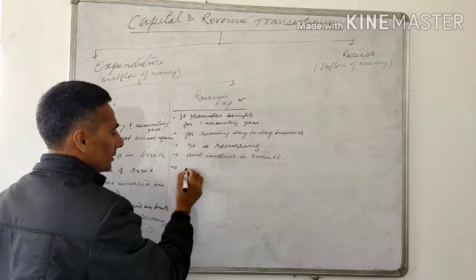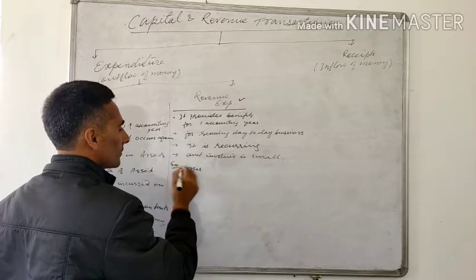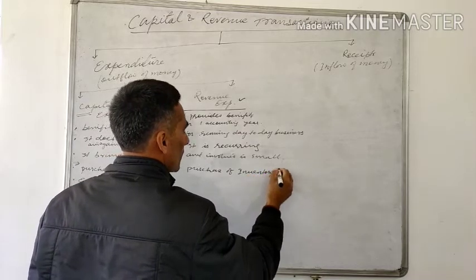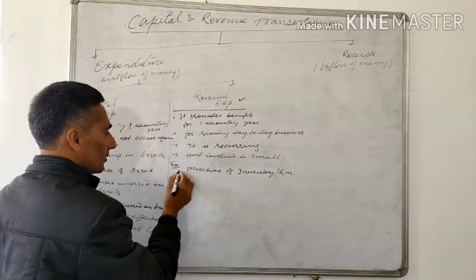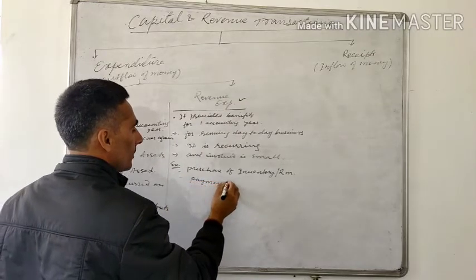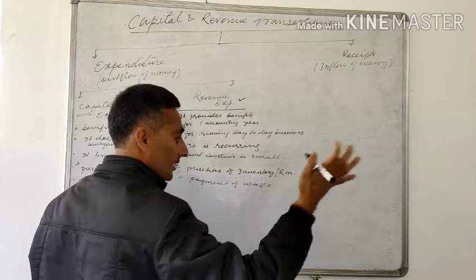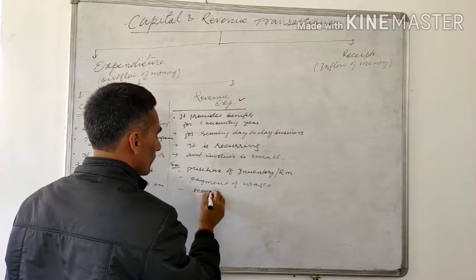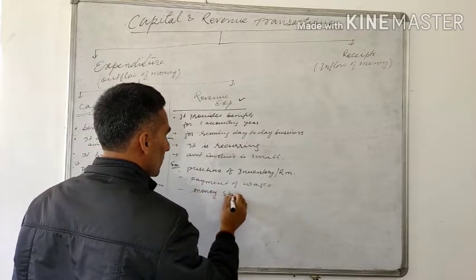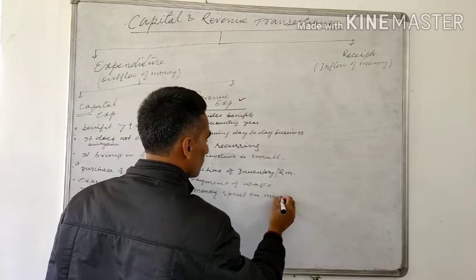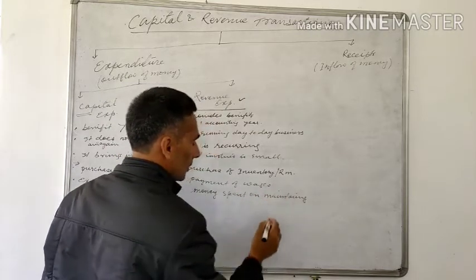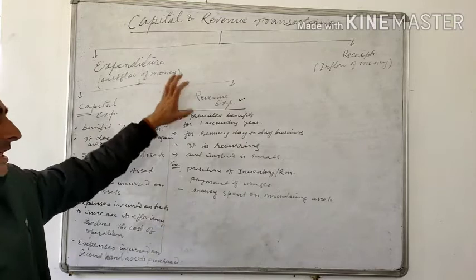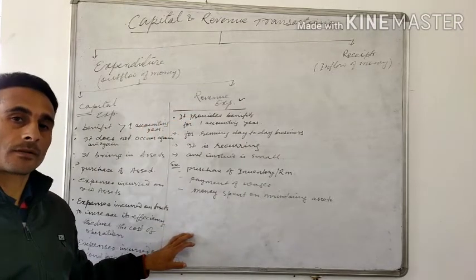So what are the examples here? Purchase of inventory or raw material, payment of wages and other expenses, then money spent on maintaining assets will be termed as revenue expenditure, right?